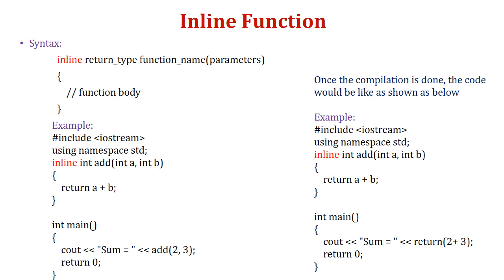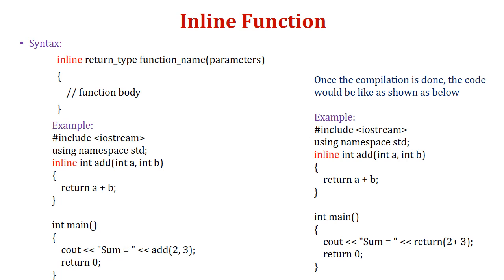So here, first we write the function. Inline, the return type is integer, the function name is add. There are two parameters, a and b, both of integer type. The code is a plus b, and the result is returned.